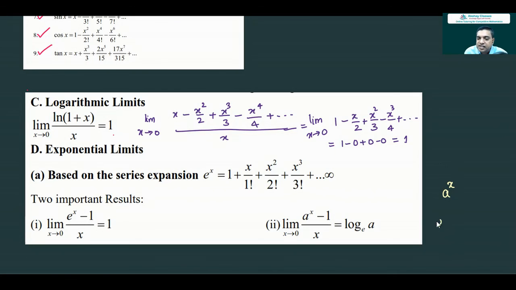So this is e power log a to the base e whole power x. a is nothing but e power log a to the base e. So we get e power x into log a to the base e.